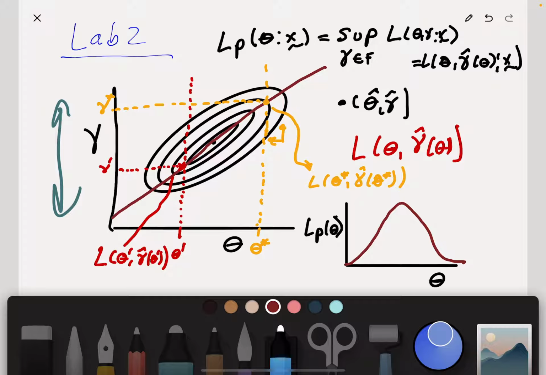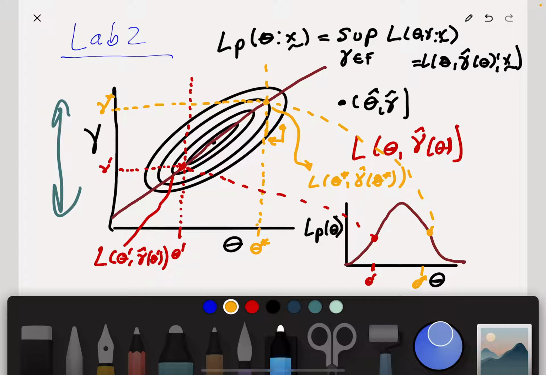Let me go back to the red and yellow, where here is theta prime and here is theta star. It's easy to see that this point here is that point, and the same thing for yellow.